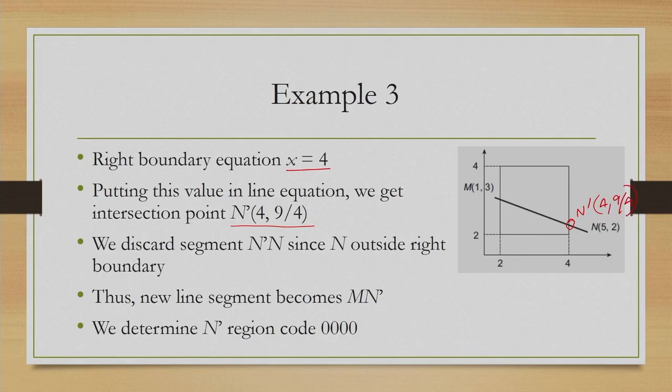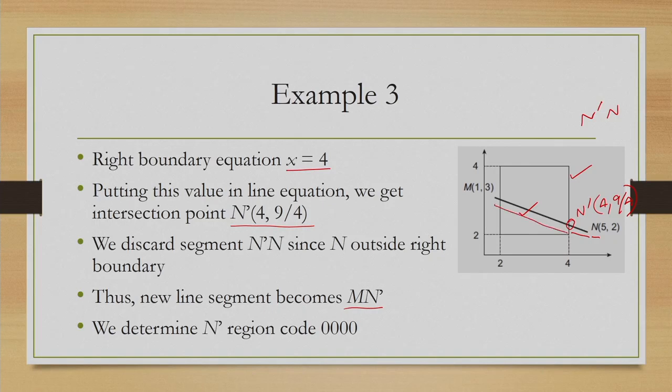Now, this point is the intersection point between the right boundary and the line, and since n is outside the right boundary, as before we discard this segment n n dashed, and the new line segment becomes M n dashed.